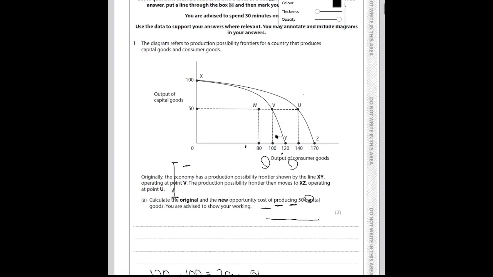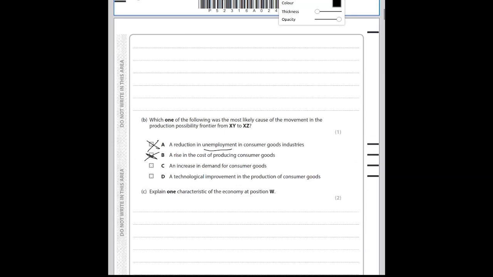C says an increase in demand for consumer goods, again, isn't going to move our production possibility frontier. That might inform our decision to produce more consumer goods or capital goods. Basically, our decision to move along the production possibility frontier, say from here to here, that would indicate maybe our decision to produce more consumer goods because there's more demand, but it's not actually going to move the curves.